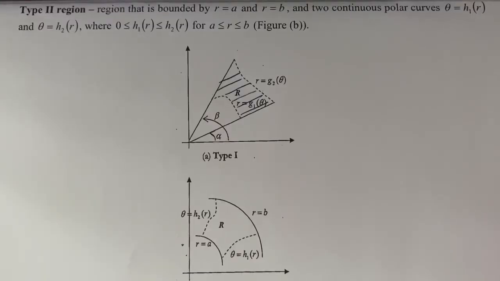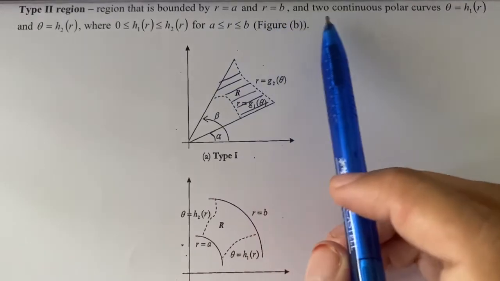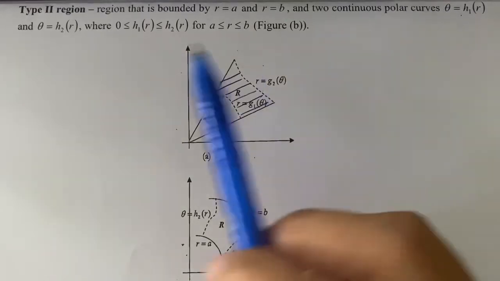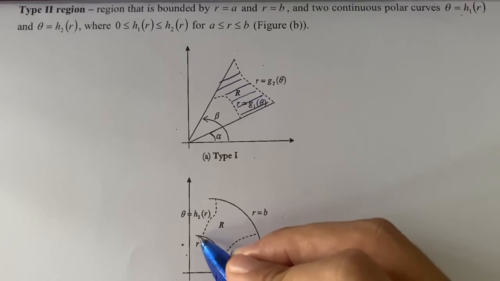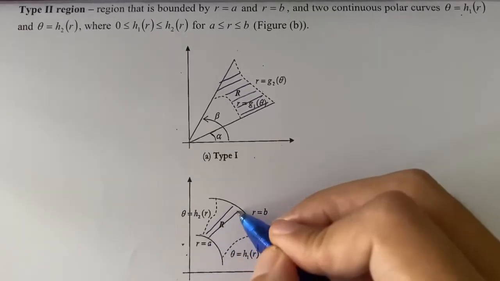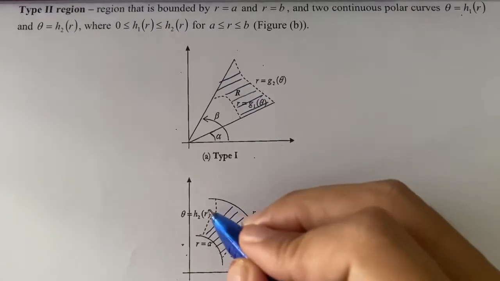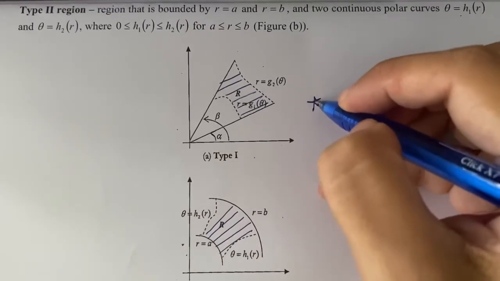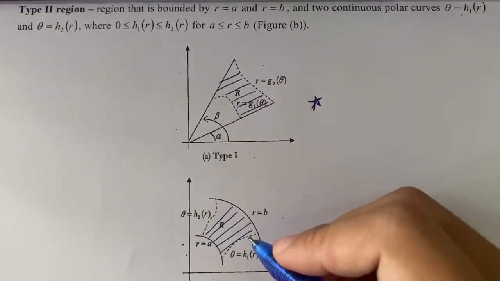For type 2 region, it is bounded by r equal to a and r equal to b, and two continuous polar curves theta equal to h1(r) and theta equal to h2(r). So this is the lower limit for theta and this is the upper limit for theta. But normally we will solve for the type 1 region. We rarely find this type 2 region in this subject.